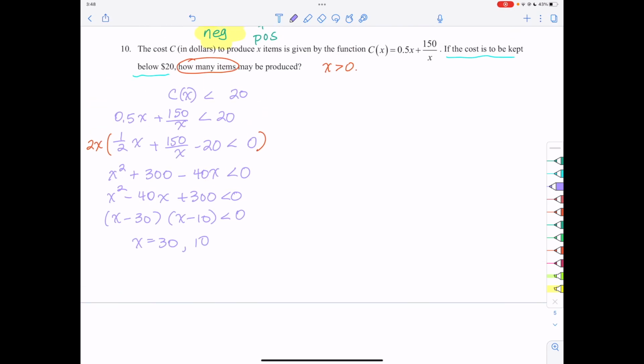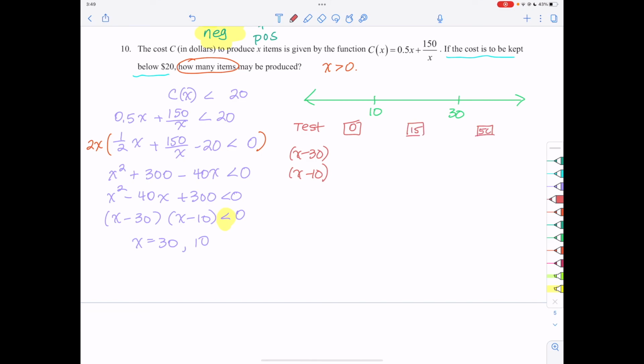So now if we create our sign chart and we have 10 and 30, and again we're looking for less than 0, let me find the less than 0 right here. And then we'll write our test values, and we have x minus 30, x minus 10, and we can use 0, 15, and let's use 50.